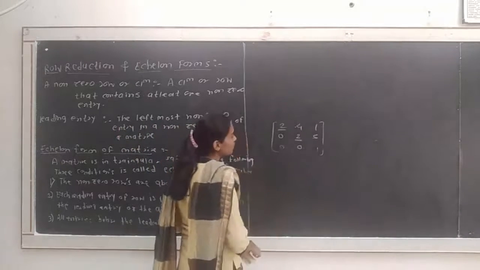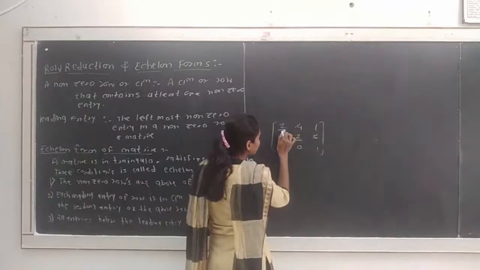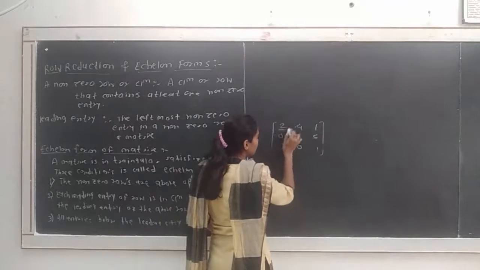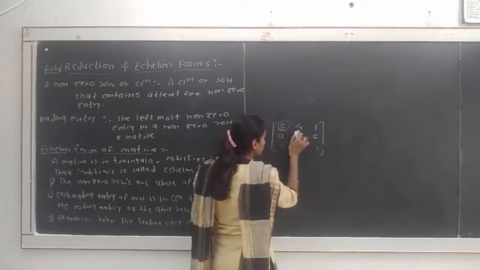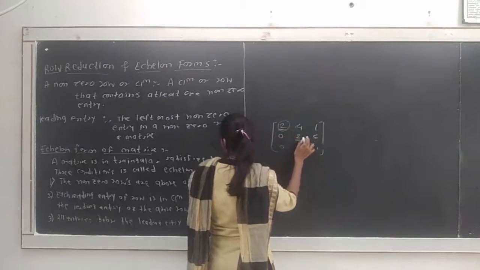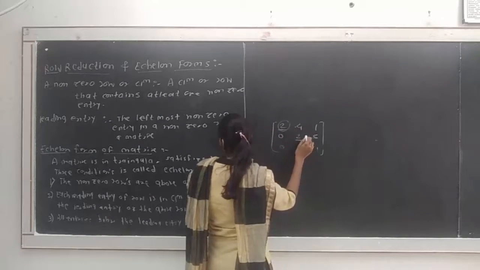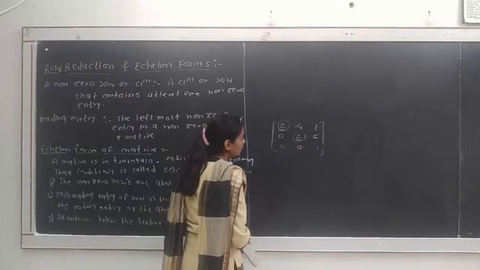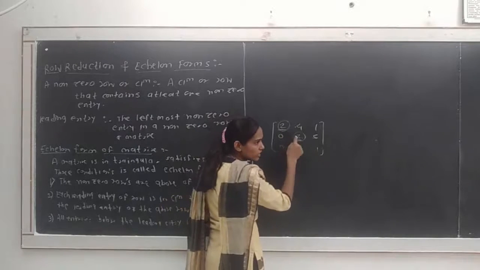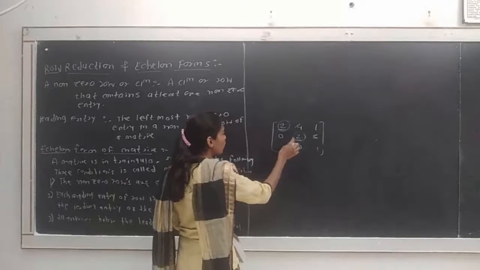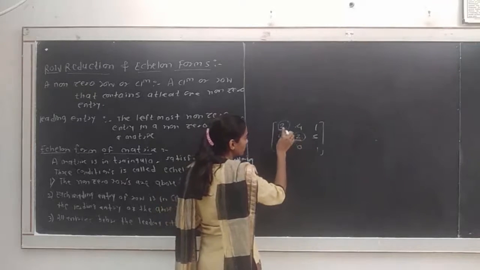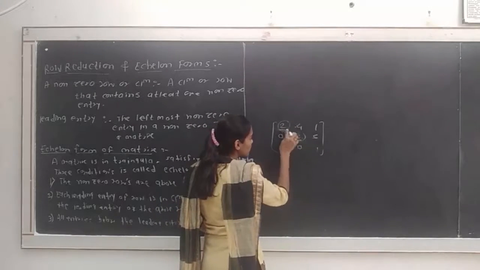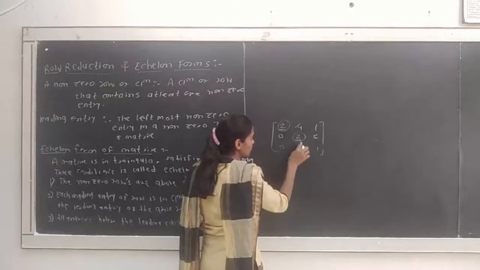So the leading entry of the first row is the 2, and for the second row it is the 1. The leading entry of the second row is to the right of the leading entry of the row above it.